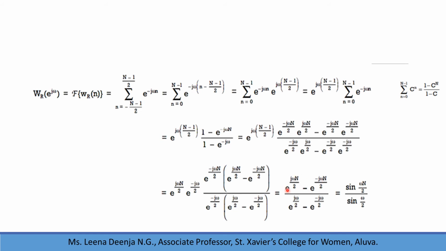So here the numerator term divided by 2j is sin omega N by 2, and (e raised to j omega by 2 minus e raised to minus j omega by 2) divided by 2j is sin omega by 2. So 2j in the numerator and 2j in the denominator cancel. Therefore, W_R of e raised to j omega is sin (omega N by 2) divided by sin (omega by 2).